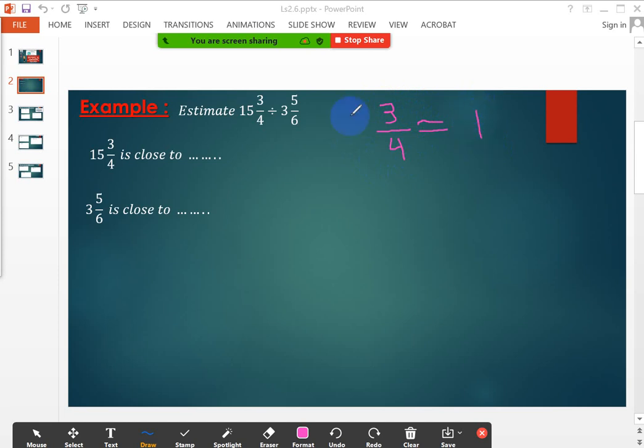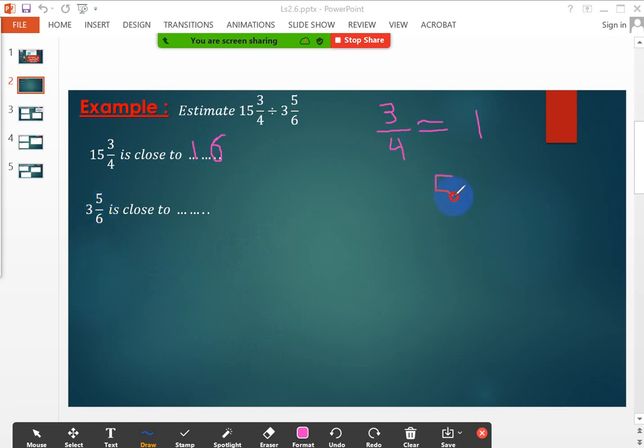So if I round this fraction into the nearest 1, the number becomes what? 15 and 1, it will be 16. Okay? Now I also want to round 3 and 5 over 6.